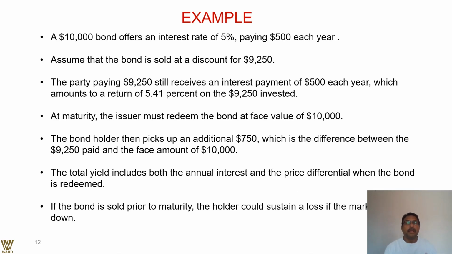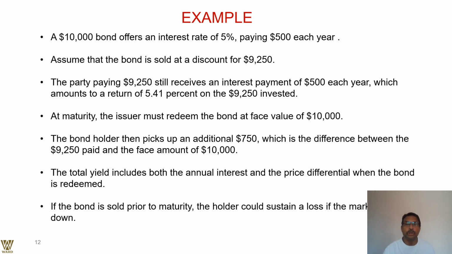For example, a $10,000 bond offers an interest rate of 5%, paying $500 every year. Assume that the bond was sold at a discount of $750, at the price of $9,250. The party paying $9,250 will still receive an interest payment of $500 each year, which amounts to a return of approximately 5.41% on the $9,250 invested.